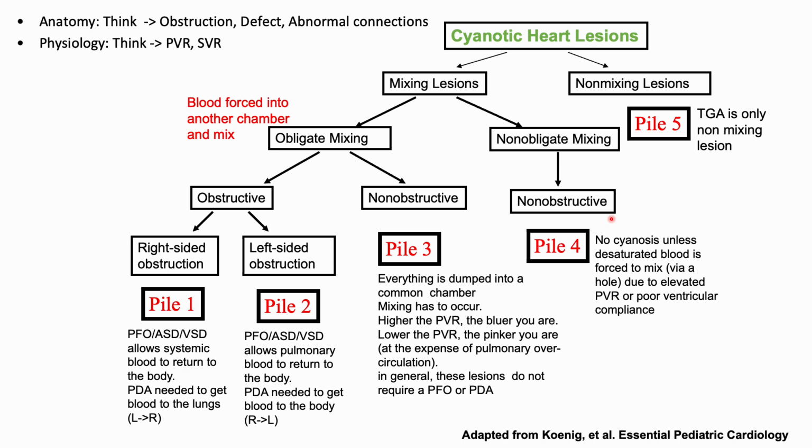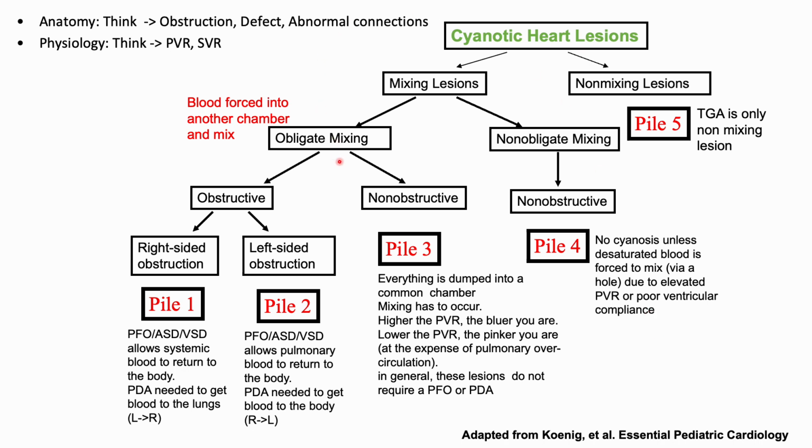The blood goes from the blue side to the red side, and there is no cyanosis unless the desaturated blood is forced to mix via the hole due to elevated PVR or poor ventricular compliance. And I'll talk you through examples of each of these.